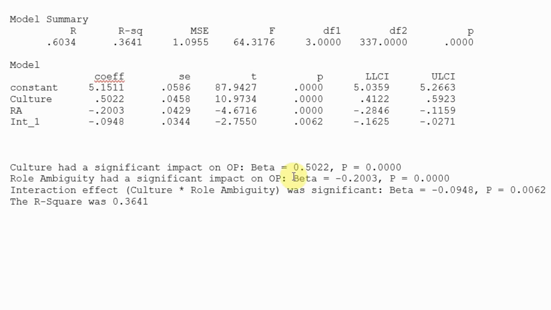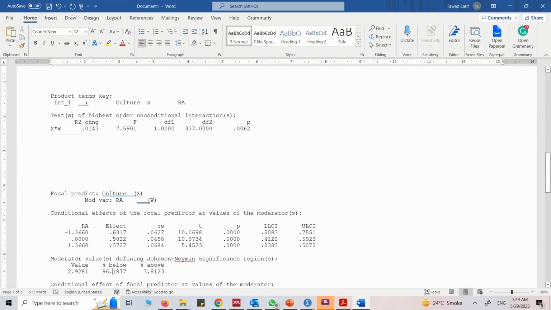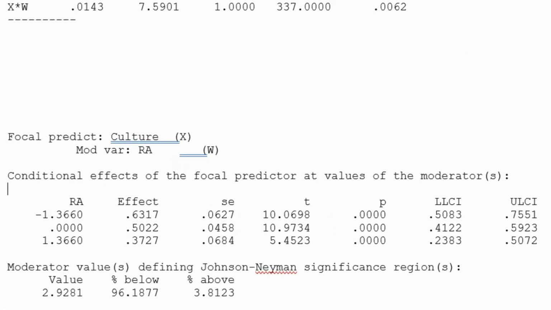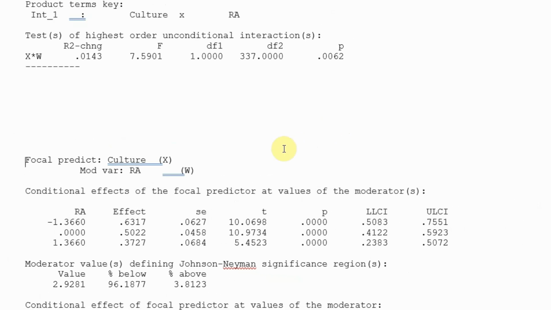Now let's keep following, are the results. Now what are the results I want to show here? Just look at this. Conditional effects. So let's copy this. Copy.